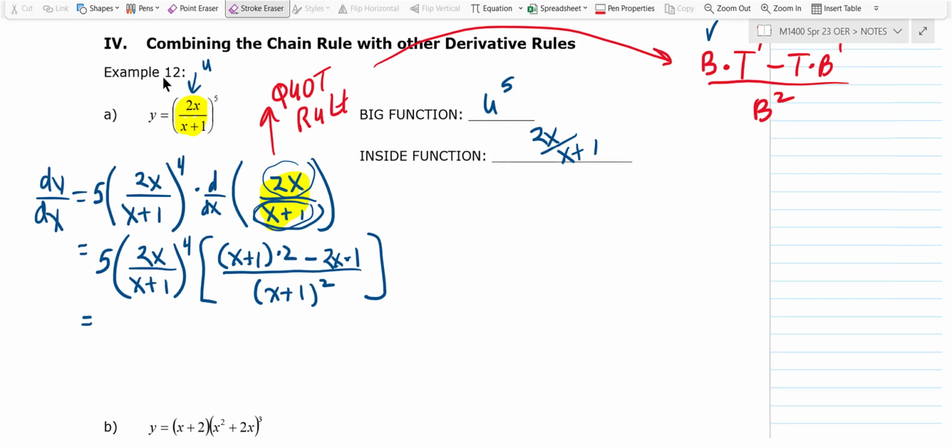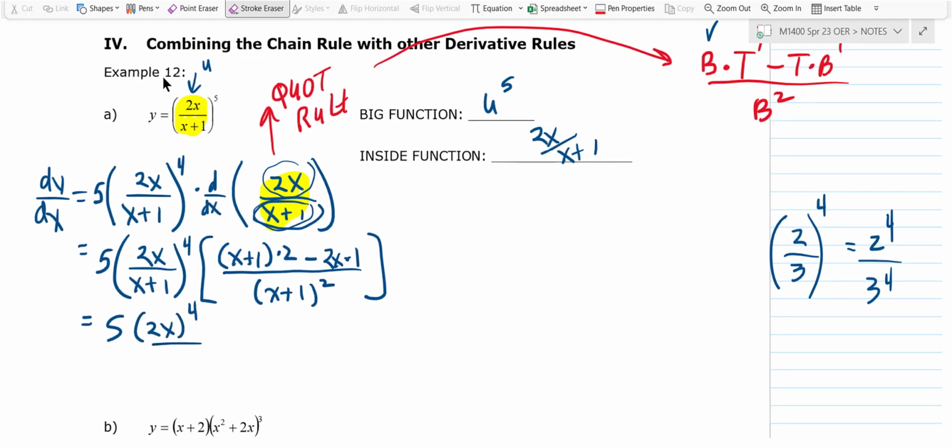Here's a couple of things that I recommend. You don't have to write down what I'm doing here, but these are some algebra things sometimes students don't know. If you have a fraction to a power, then really the numerator is to the power and the denominator is to that power. I'm just showing you that basic example. That's how you deal with fractions. So you're going to bring the 5 down and just write this as 2x to the 4th all over x plus 1 to the 4th.